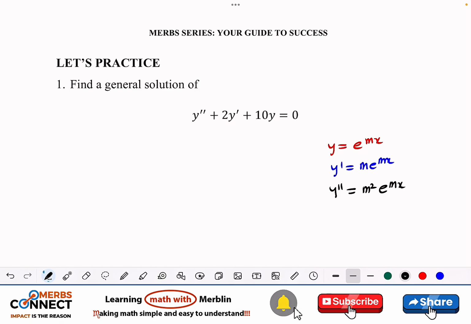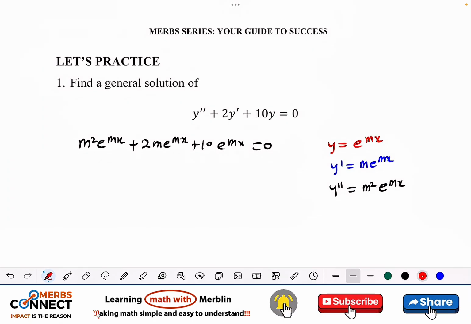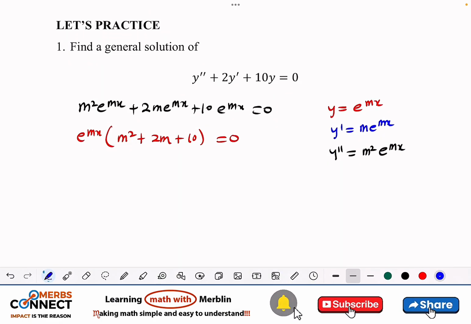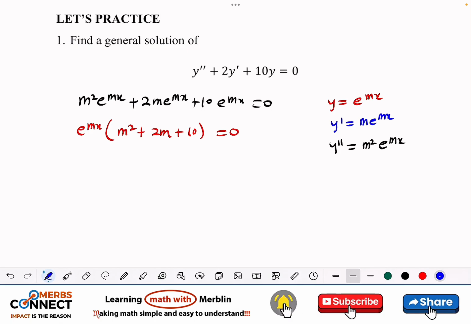So we have y double prime, which is m squared e to the power mx, plus 2m e to the power mx, plus 10 e to the power mx, is equal to 0. Same process again: factor e to the power mx out, m squared plus 2m plus 10 is equal to 0. You see that we are repeating the same process again.